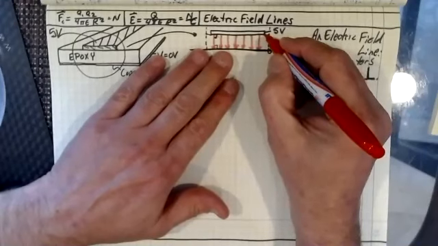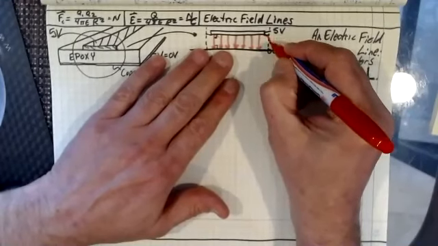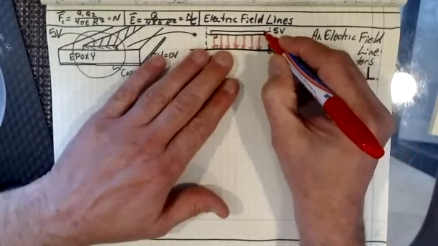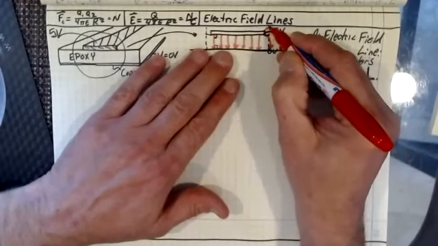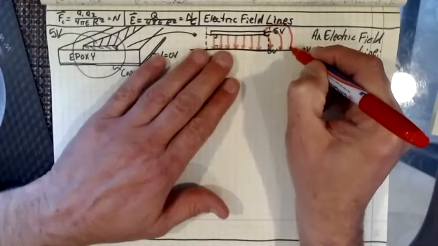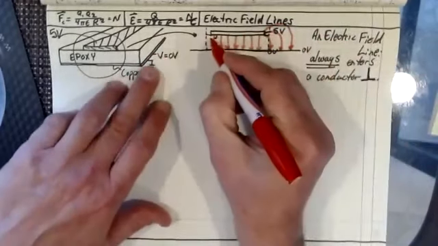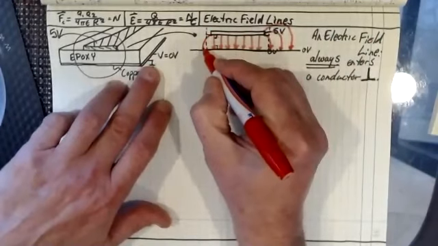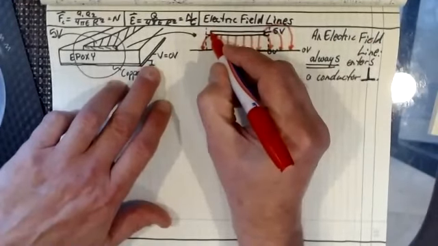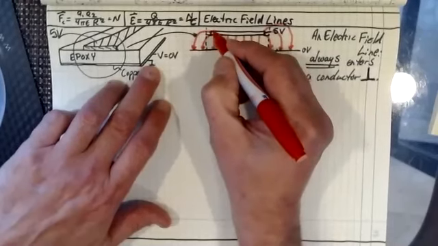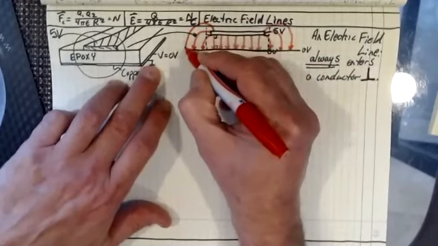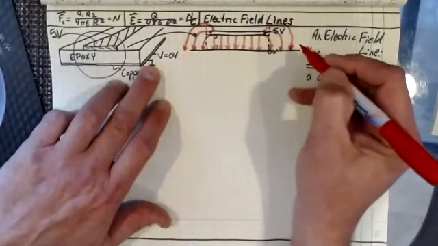When you get out here at the end, you find that the field tends to fringe like this. See, it's still entering the base perpendicularly, and it's leaving the top strip perpendicular too.